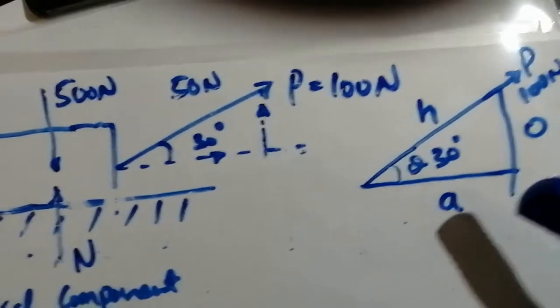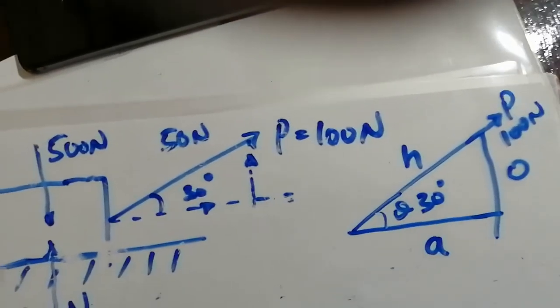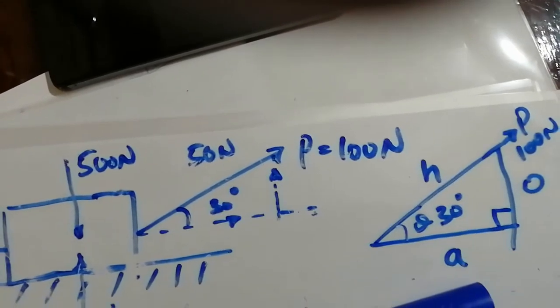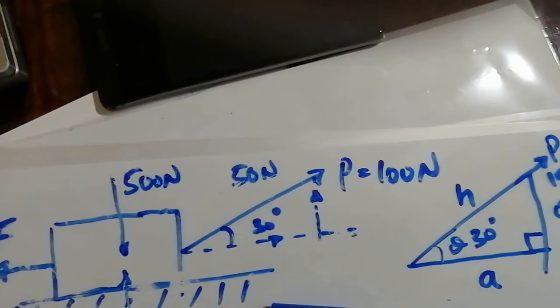Remember, our force P, as it is pulling on this object, tends to lift this object. So we have to factor in that there's a component of this force P that will reduce the weight of this object, because it will tend to lift this object upwards. So I have drawn here a triangle to try and represent these forces. So that's a right angle there. And using the trigonometric functions, we can call these sides the opposite, the adjacent, and the hypotenuse.